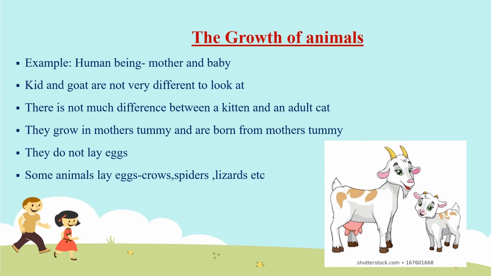The animals which do not lay eggs, their young ones grow in the mother's tummy and are born from the mother's tummy. Example, cat, goat, and even human beings. And some animals and birds like crows, spiders, lizards, their young ones are born through an egg.